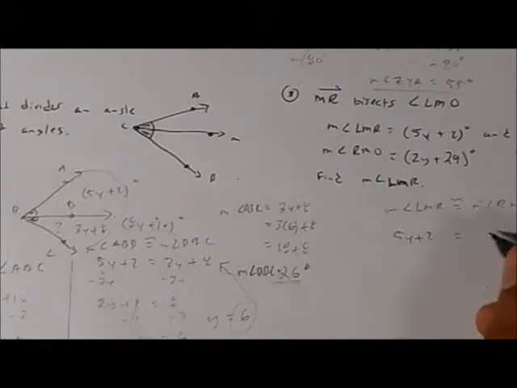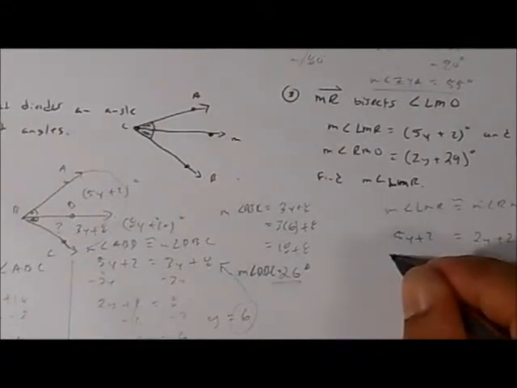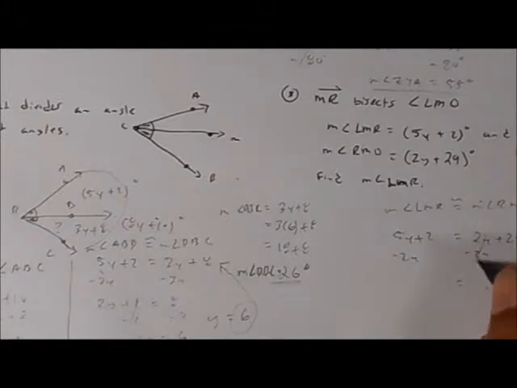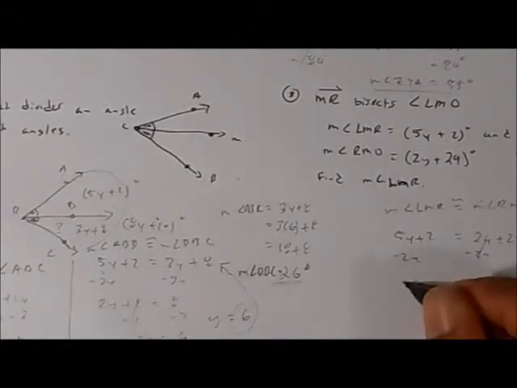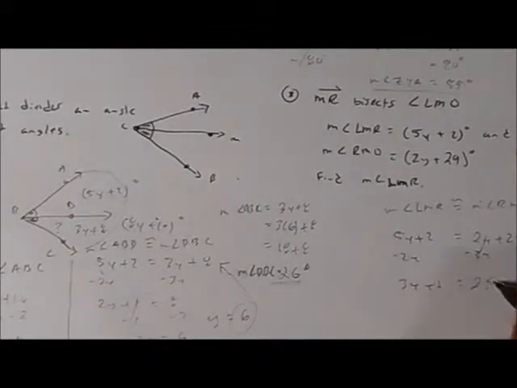So LMR will be 5y plus 2, which is equal to RMO, which is 2y plus 29. So let's go ahead and solve for y here. So minus 2y, which crosses out, 29, 3y plus 2. So let's go ahead and subtract 2. So you get 3y equals 27, divided by 3. y is equal to 9 from there.